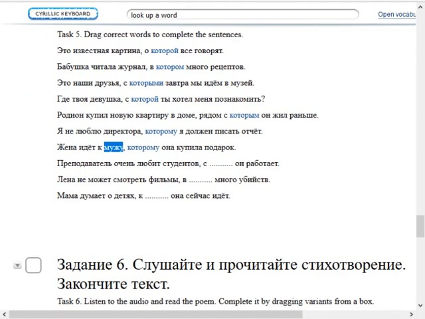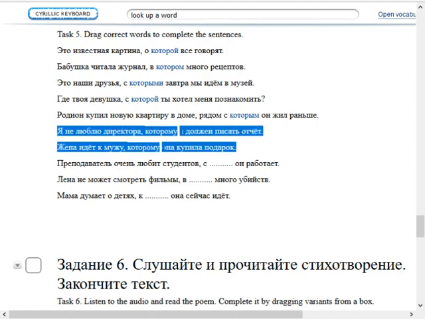Because, yeah, it's masculine, and she bought him a gift. So the wife bought a gift. The gift is in the accusative case because it's the direct target of the verb, but she bought the husband a gift. So she bought him a gift, and so the husband is in the dative case. So both of these lines are masculine. Both these lines are которому because they have masculine dative case. Okay, getting there.